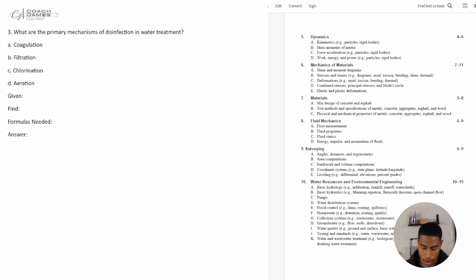Number 3. What are the primary mechanisms of disinfection in water treatment? Is it coagulation?